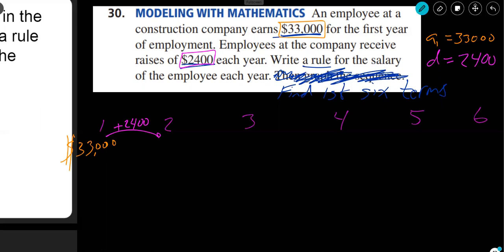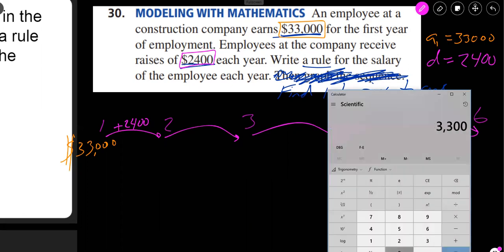So I can then calculate this. Since there's only 6 positions, I can calculate this just by doing every jump and adding 2,400 at each value, which is real straightforward. 33,000 plus 2,400. So at year 2, I make 35,400. At year 3, I make 37,800. And I can keep doing this as far as I want.